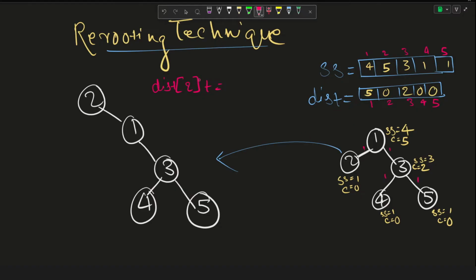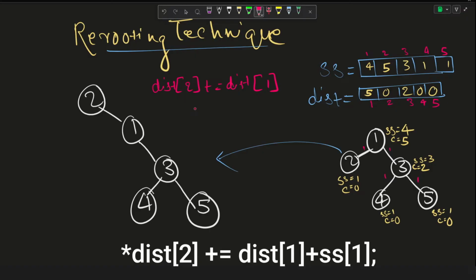So the current value, that is 0, plus now the distance value present at this child, that is the distance of this one. So it would be 0 plus distance of 1. So what is distance of 1? It is 5. So it would be equal to 5. So I will update the same thing here in the distance array as well. So distance of 2 is now 5 instead of whatever it was before.